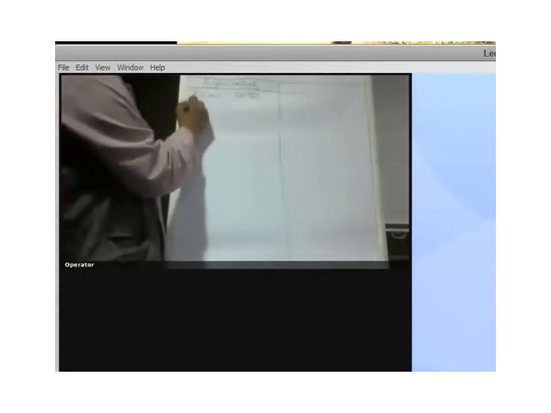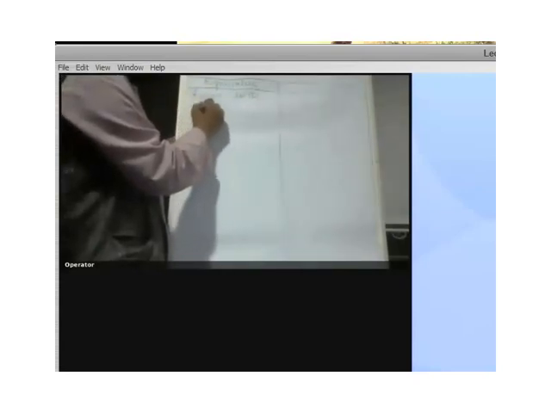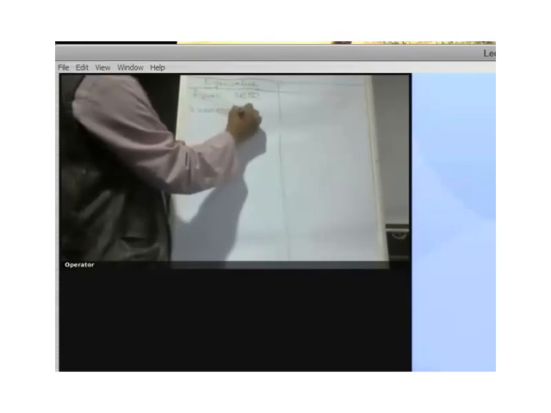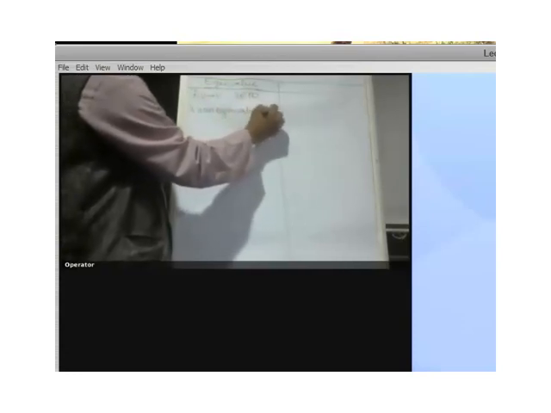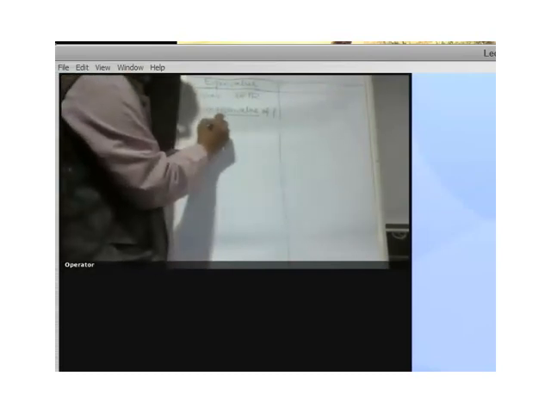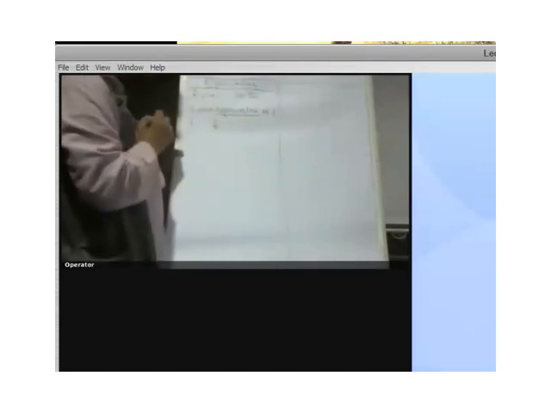I will say that lambda is an eigenvalue of F if... now, wait, just a little bit. F is a linear transformation.